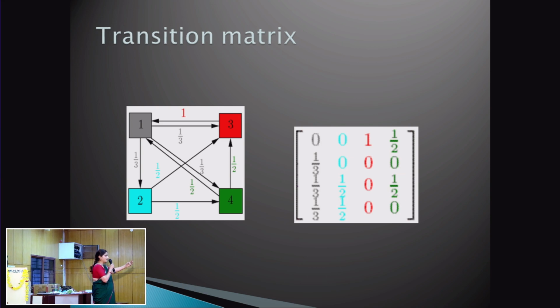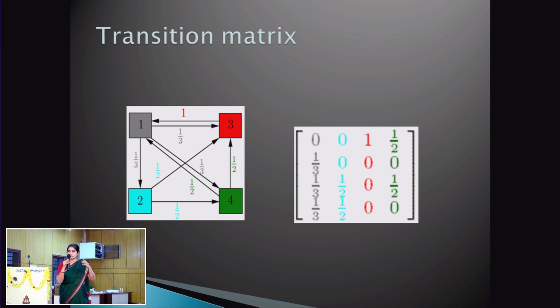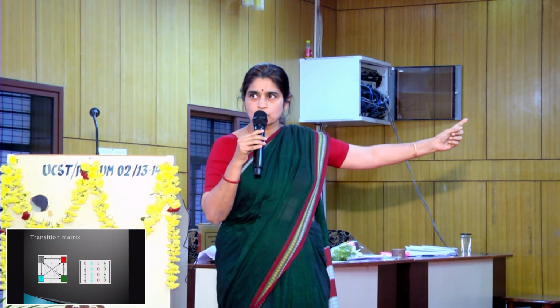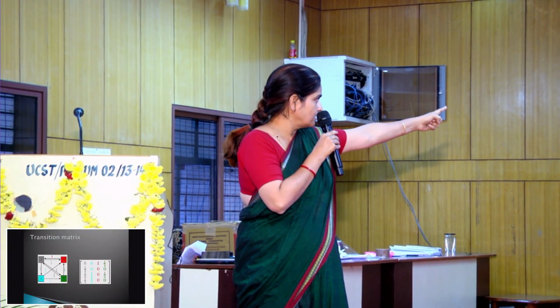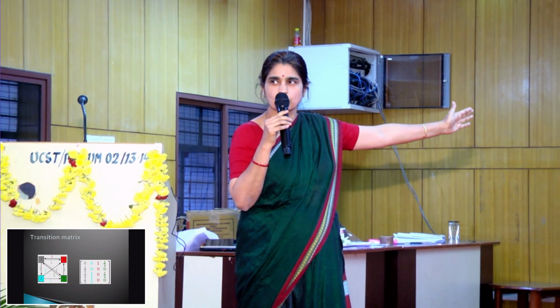Node 1 has in degree 3. All of 2, 3 and 4 have edges coming into 1. So there are non-zero elements on the columns. This is column stochastic for those who know.